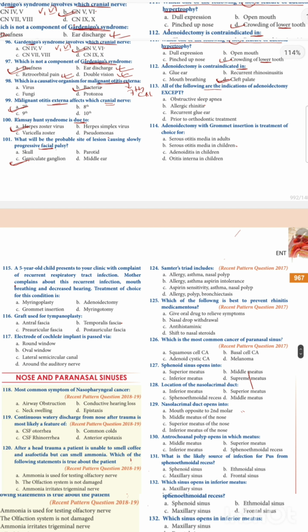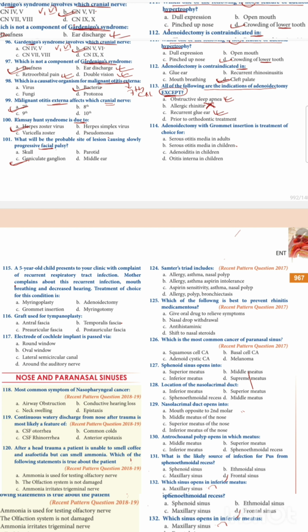All of the following are indications of adenoidectomy except: obstructive sleep apnea is an indication. Allergic rhinitis is not an indication of adenoidectomy.